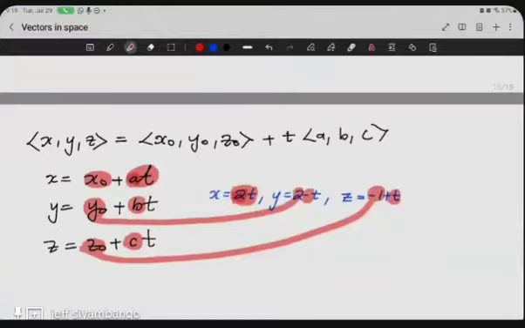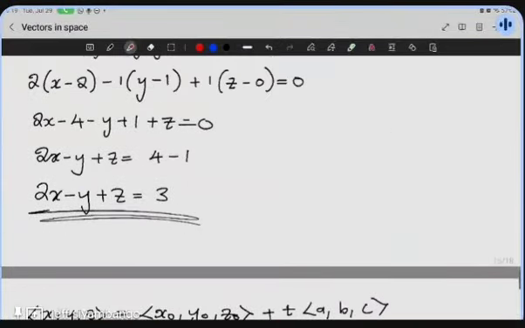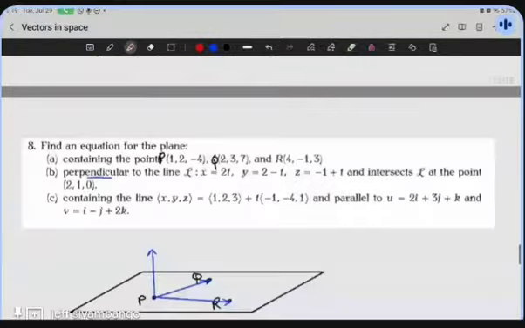So let's look at that last one now. We're still trying to find the equation of a plane, but now the plane contains the line and it is parallel to that vector and this. Okay, what does that mean?